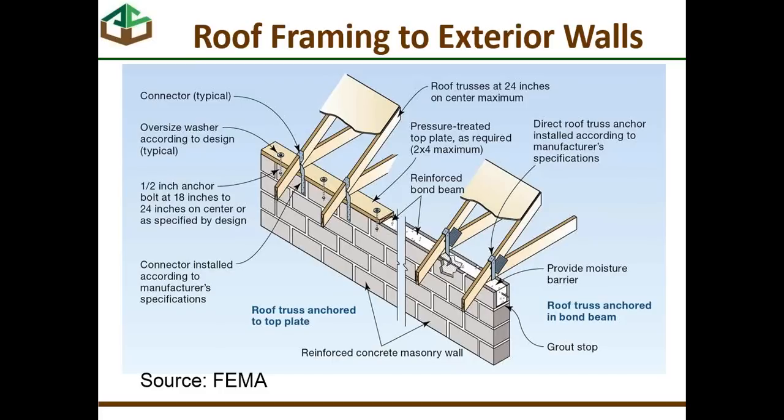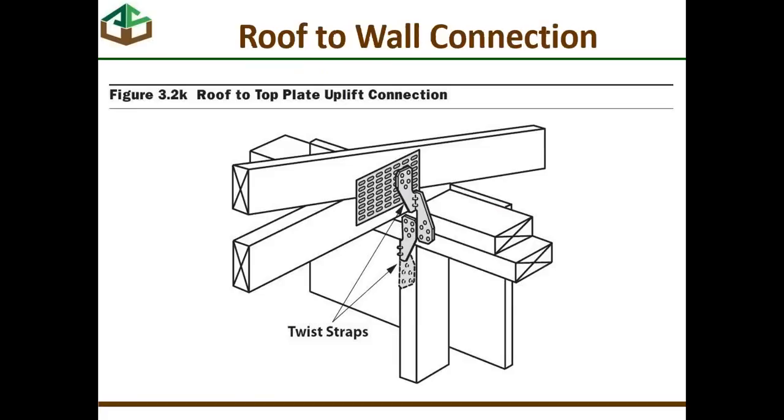The connector needs to be adequately secured to the wall and needs to obviously have enough length and strength to go over the top of the rafter and secure the rafter or truss to the wall. It looks like this in a sketch, and you see the figure number in the upper left-hand corner.